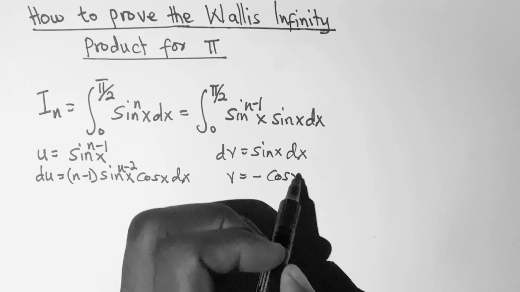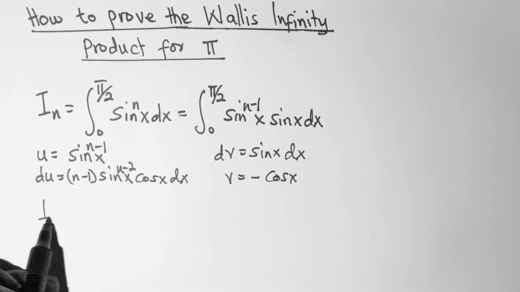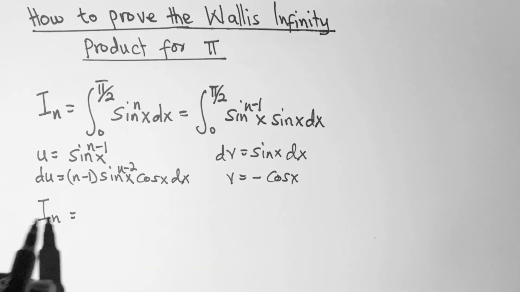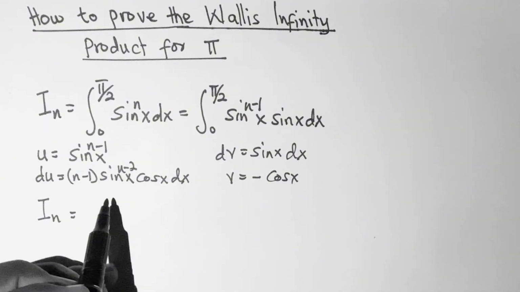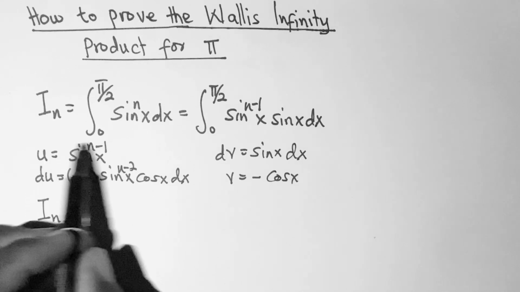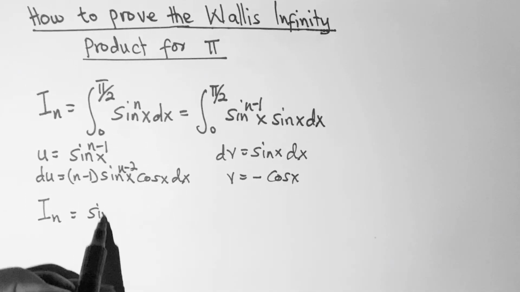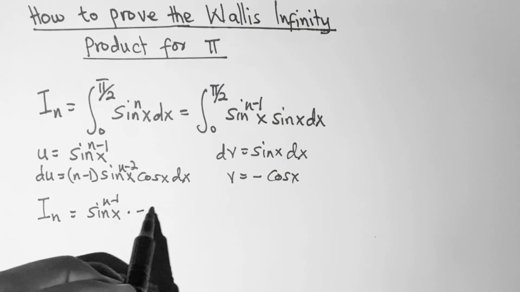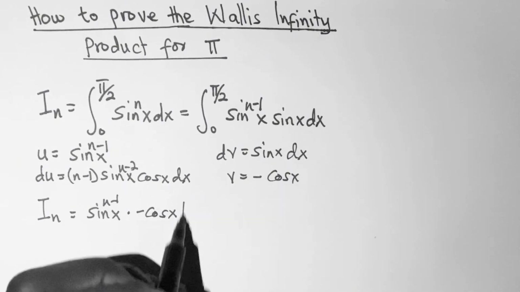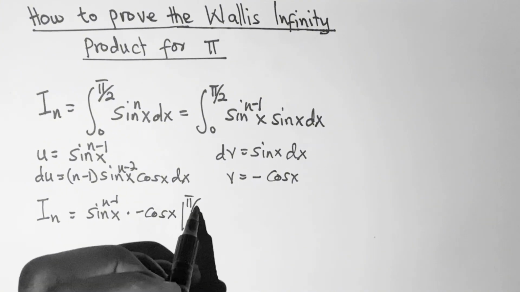So we know that I of n is equal to, using integration by parts, uv. Our u is sine x exponent n minus 1, then v is minus cos x, all of this evaluated at 0 and pi on 2.